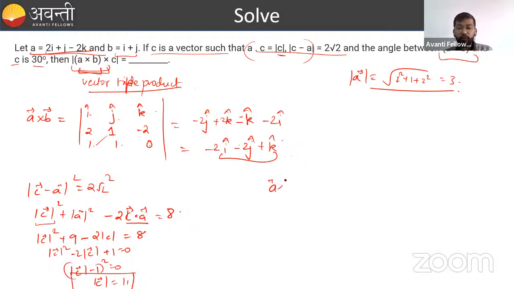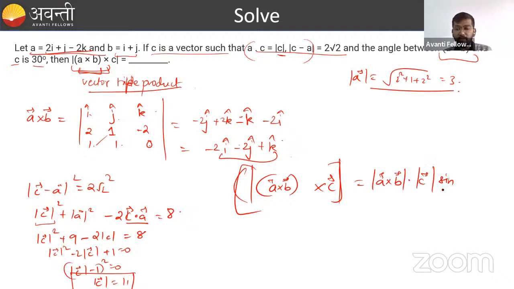Now the modulus of A bar cross B bar cross C bar can be written as mod of A bar cross B bar into mod of C bar into sine of the angle between them, right? The angle between A bar cross B bar and C bar is 30 degree, and we have to find the modulus of this. Mod of A bar cross B bar is also 3, right?